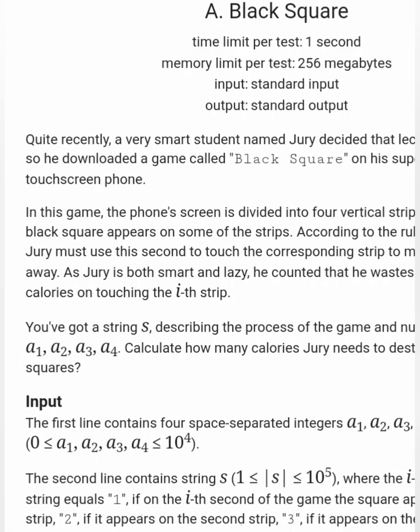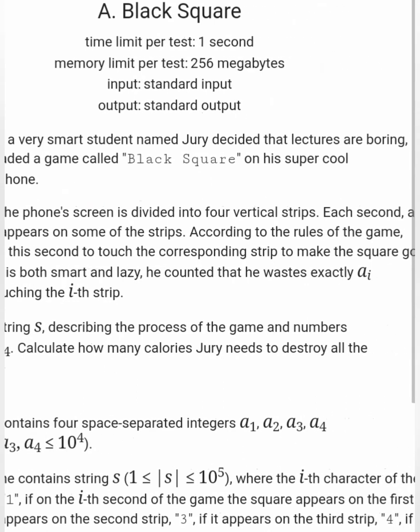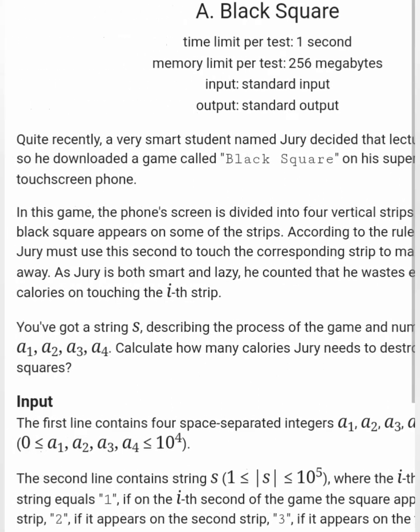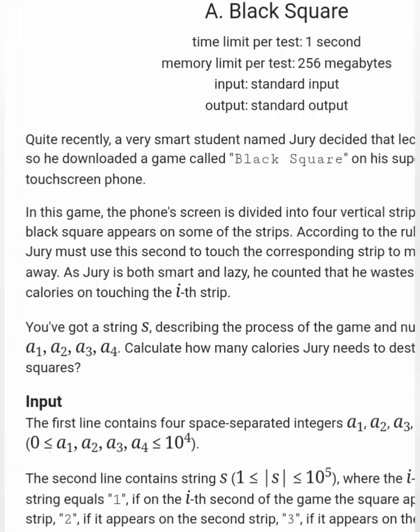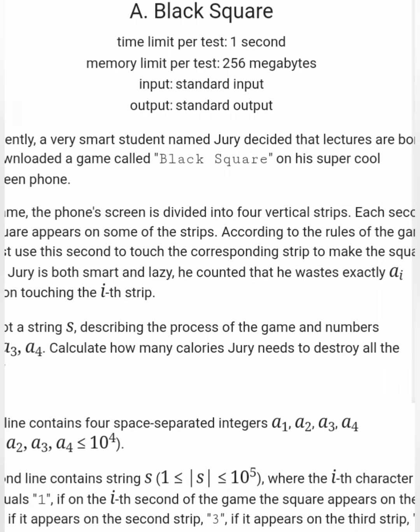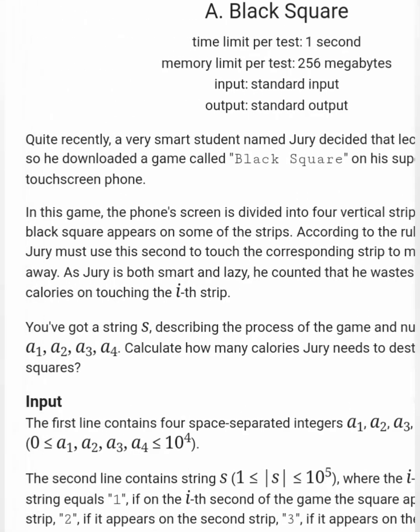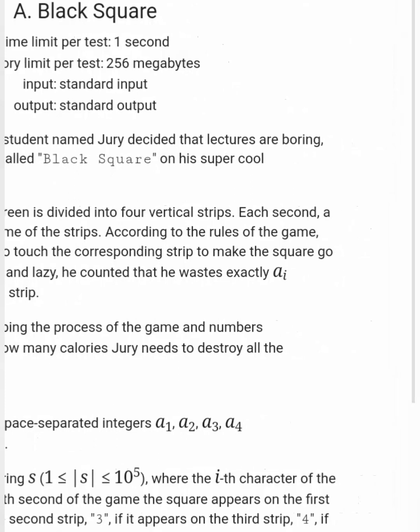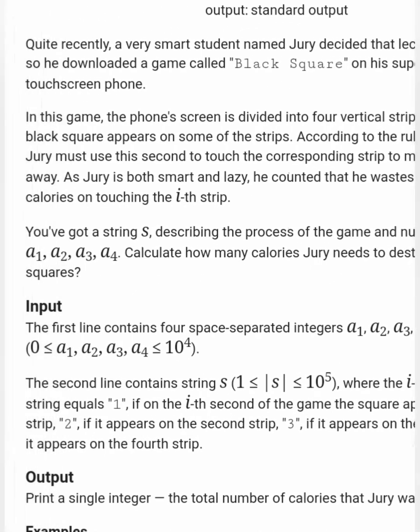In this game, the phone's screen is divided into four vertical strips. Each second, a black square appears on some of the strips. According to the rules of the game, Jury must use the second to touch the corresponding strip to make the square go away.